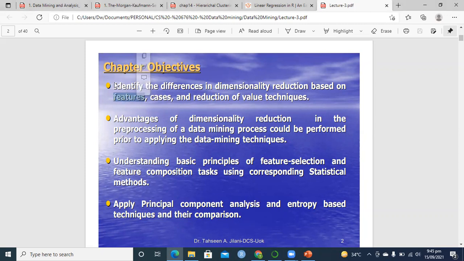Whereas features represent the columns. So if you have a data set and you want to reduce the number of variables in that data set, then you apply feature selection or dimension reduction techniques. There are some very famous techniques that we will study, one or two of them, and I will show you some in scikit-learn and R, just for the practical approaches of this topic.